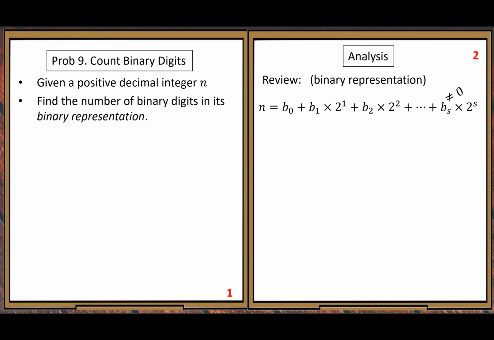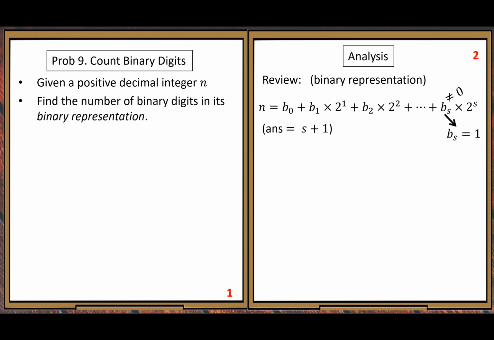And the most significant bit, b sub s, cannot be 0. It must be 1, otherwise you don't need that bit. So the most significant bit must be non-zero, that is 1.